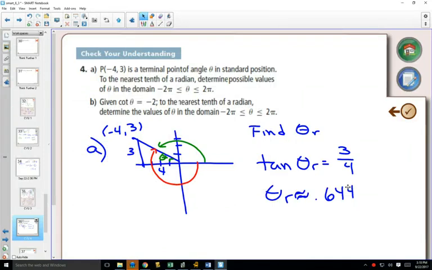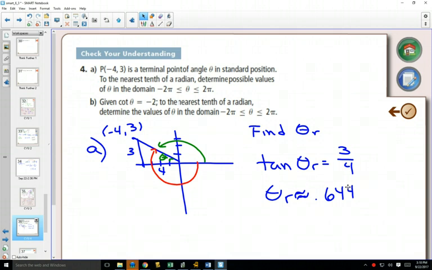You are not going to recognize that as well as being between 0 and 90 degrees. Is that between 0 and pi over 2 radians? It is. What is pi over 2 as a decimal? 3.14 divided by 2, about 1.57.